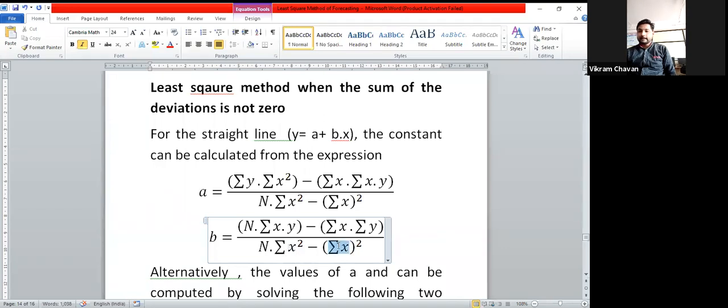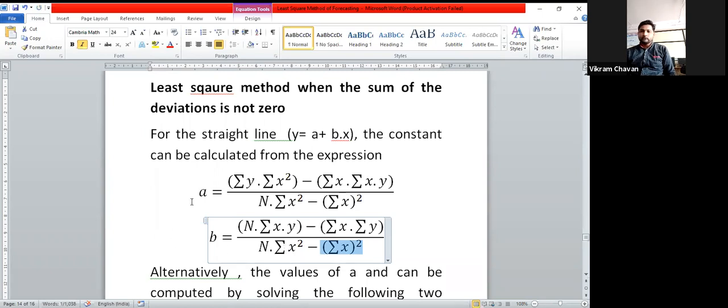But in the other case we take the summation of the values only, and then we take the bracket square of that. So this is the difference between summation of x square and summation of x bracket square.